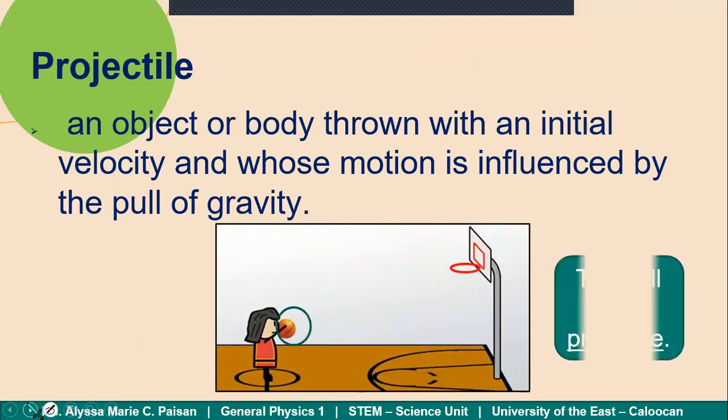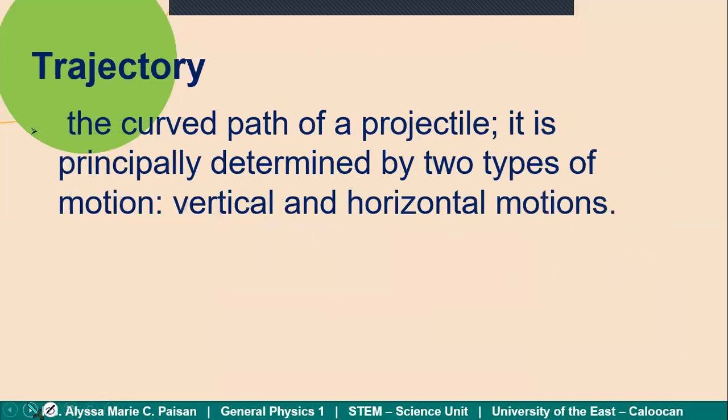So the ball will be considered as our projectile. So anything that undergoes projectile motion and follows a curved path is considered as a projectile. And then the curved path that the projectile follows as it undergoes projectile motion is what we call the trajectory.